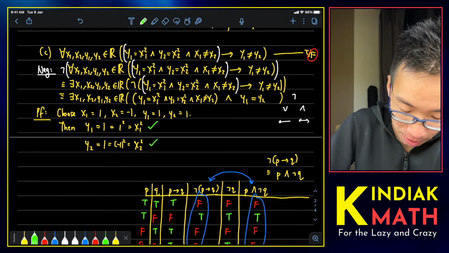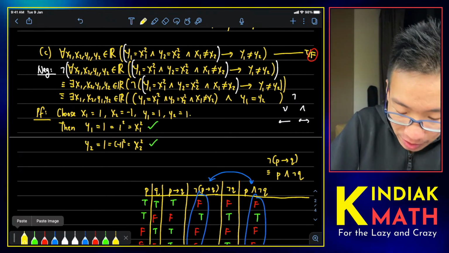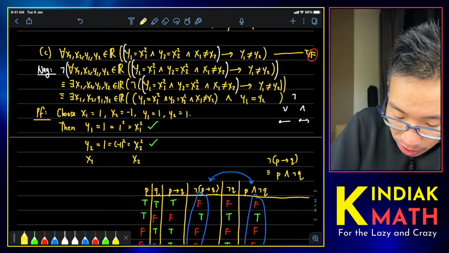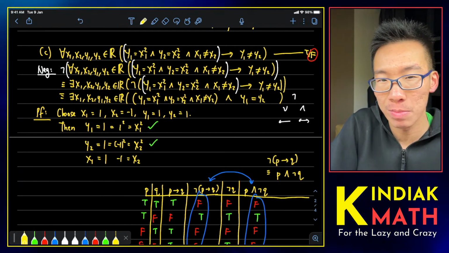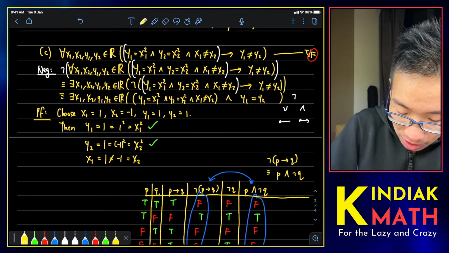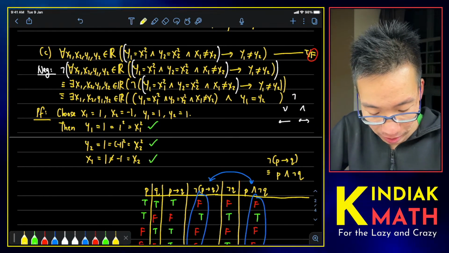And that's part 2. We've got two more things to check. x1 is 1, x2 is negative 1, and these items do not agree with one another. So x1 is not equal to x2 is a true statement.